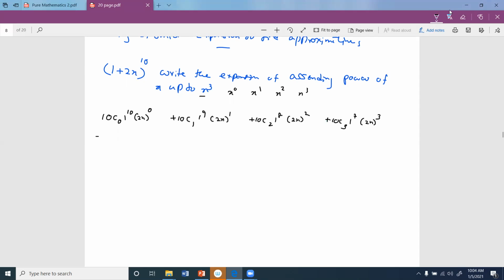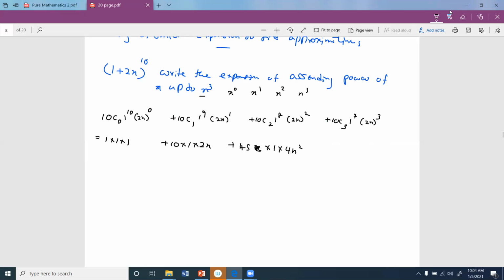Then 10c0 is 1, 10c1 is 10 and 1 times 2x, 10c2 is 45, times 1 into 4x squared.